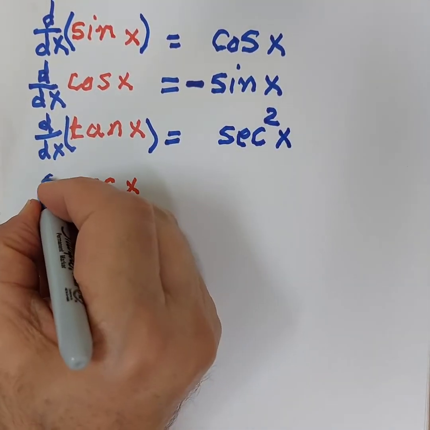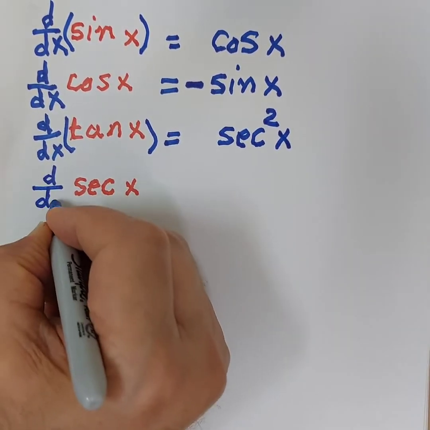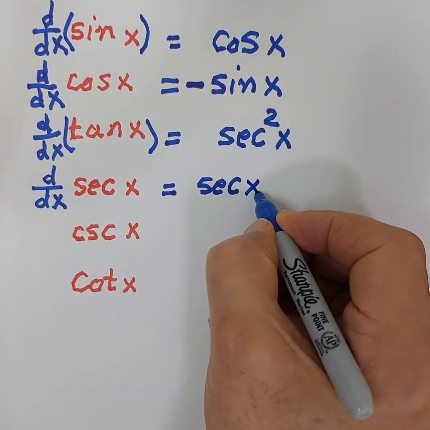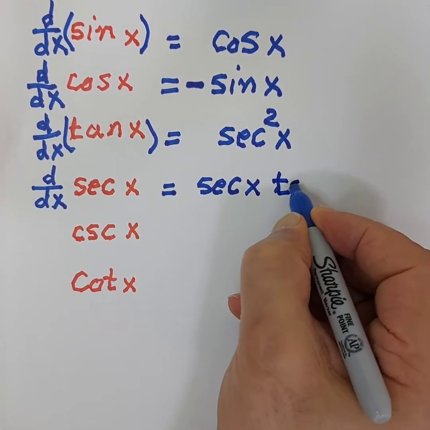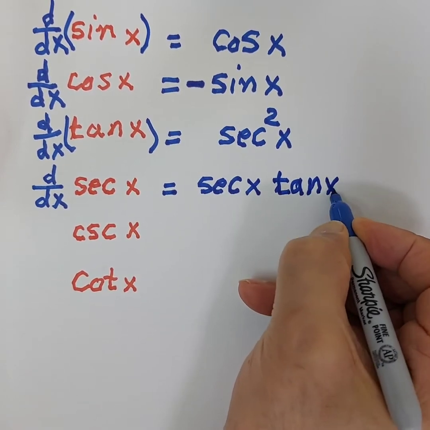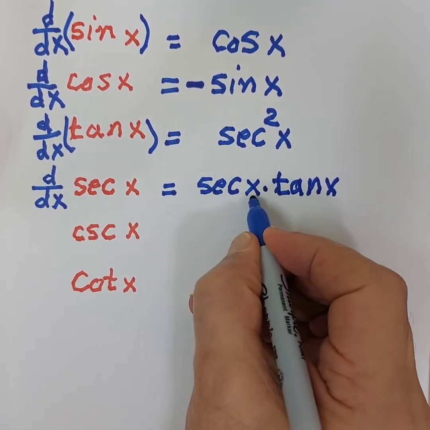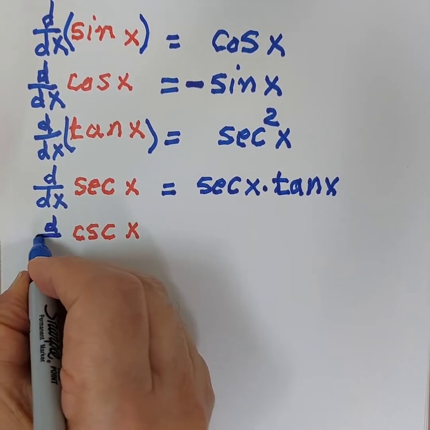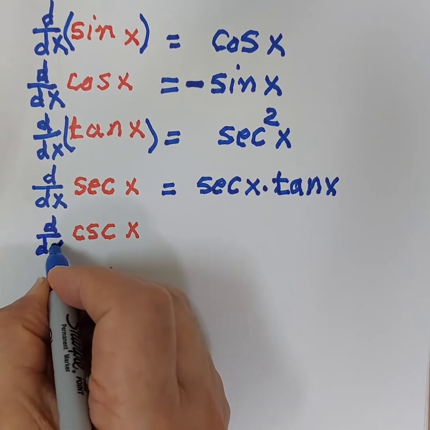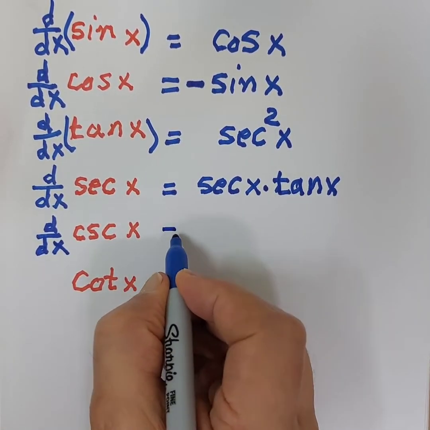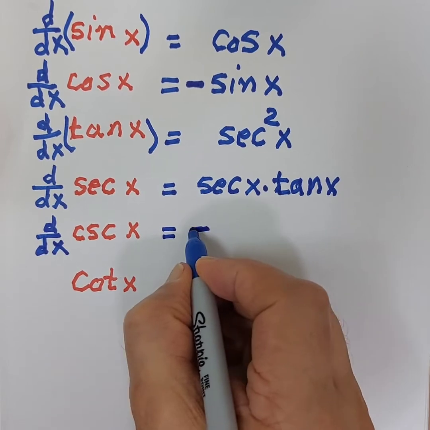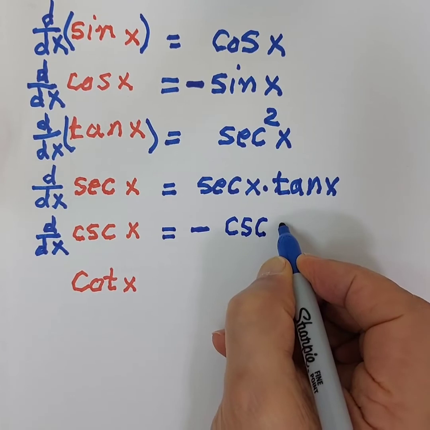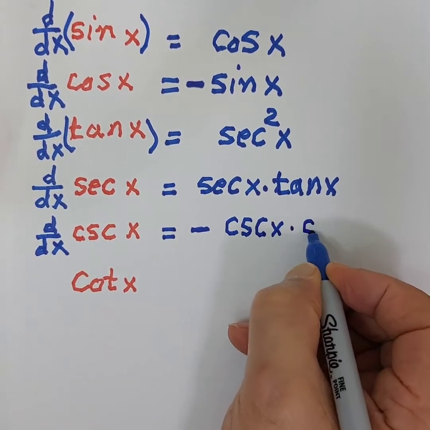And the derivative for secant x is secant x tan x. Here it's two multiplied together, secant and tan. And d by dx for cosecant is minus cosecant x times cotan x.